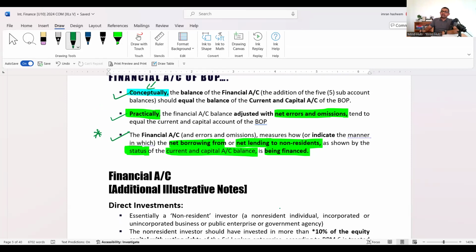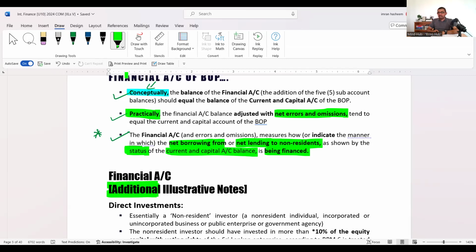Financial account, I have illustrated the sub items. It's a bit additional at your level, but my strong recommendation is you read these notes at least once so that you have an idea, especially when it comes to items like investments.